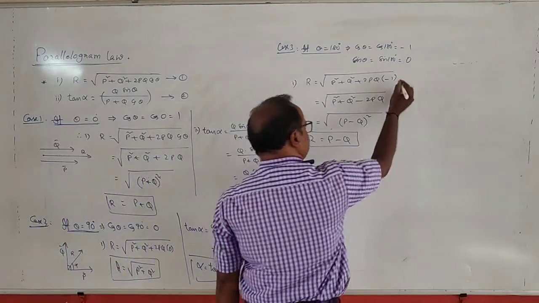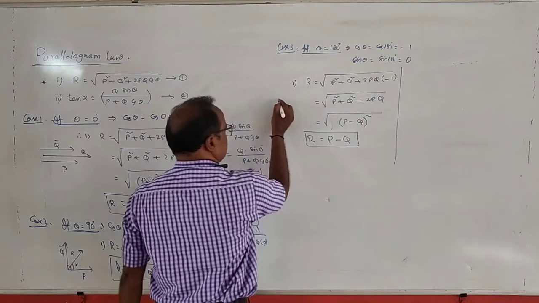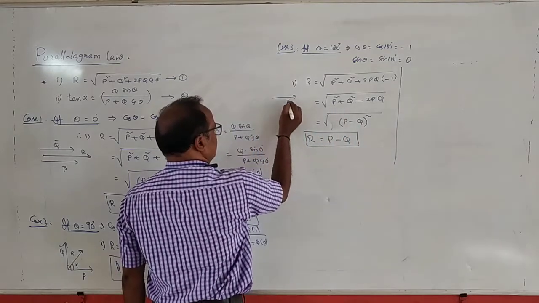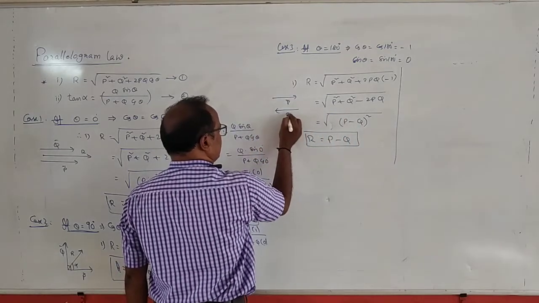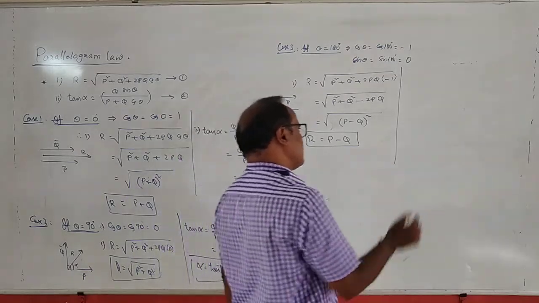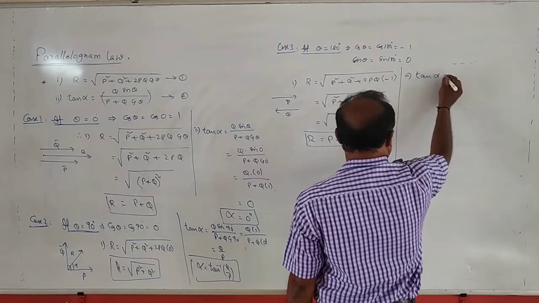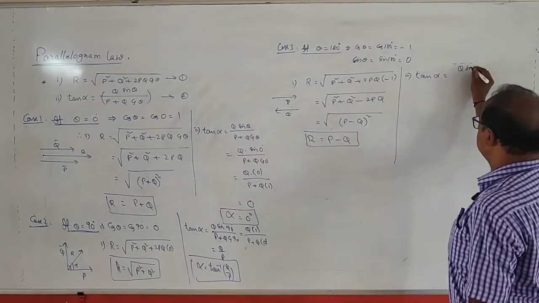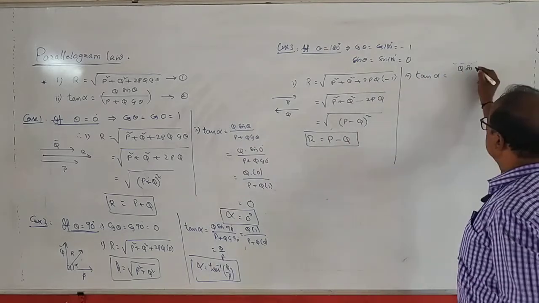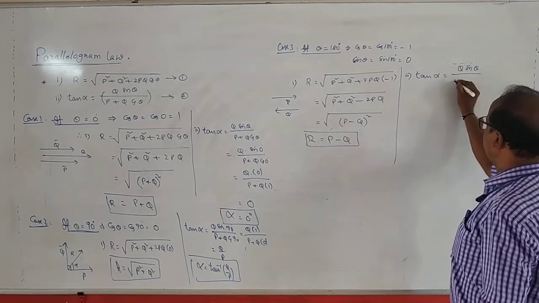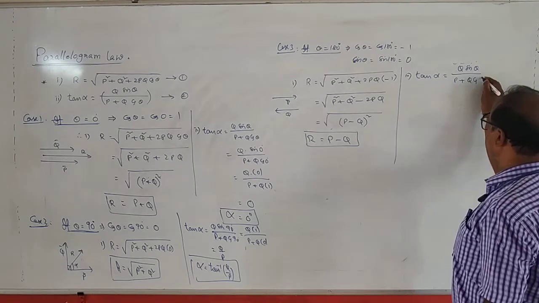And how do we find the direction? See here, this is p bar and this is q bar. Both are opposite. Direction of the resultant means tan alpha is equal to q sin theta by p plus q cos theta.